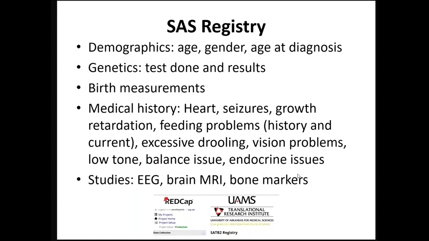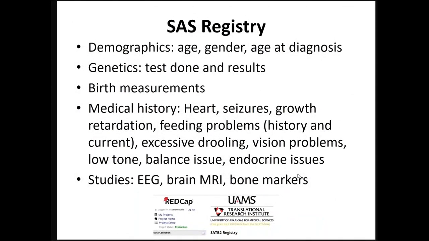As I finish here, I do want to ask for help when it comes to the registry. I try to give back to you all the results as we compile them. I'm always happy to answer a specific question, like what's the oldest individual in the registry, or have you had anybody with this type of mutation? It's easy to consult the registry.